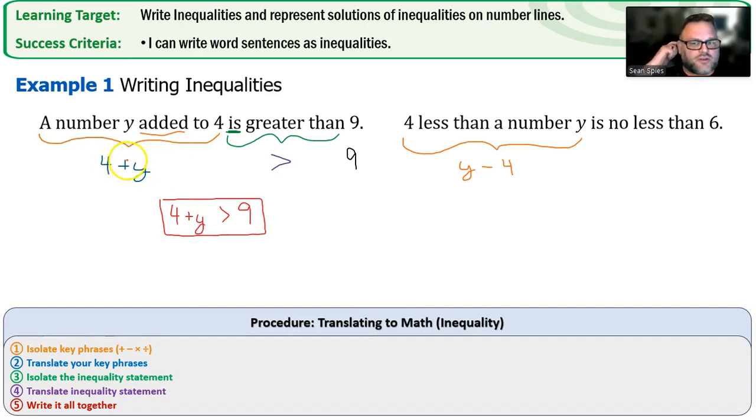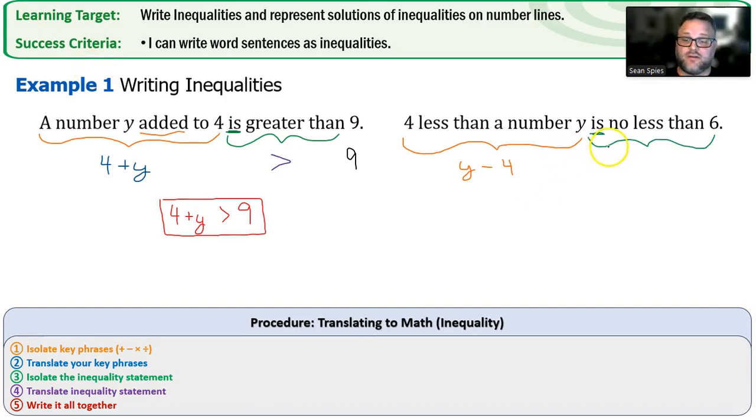The only reason we really want to practice what's being added to what is for the subtraction instances where the order of subtraction does matter. See, if we write 4 minus y, we get a wrong answer, but if we do y minus 4, it's going to be correct. So the order here matters. On the left, we practiced that the order matters for the time that it would matter, subtraction.